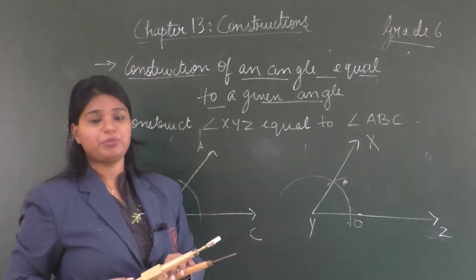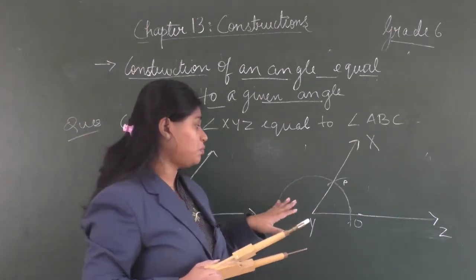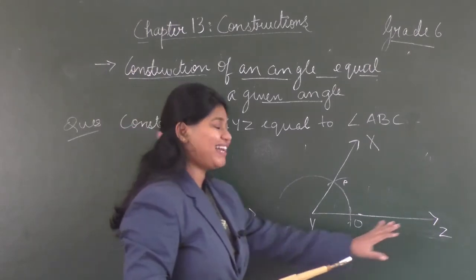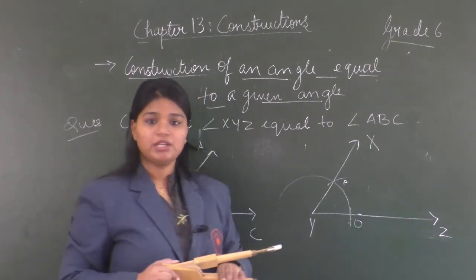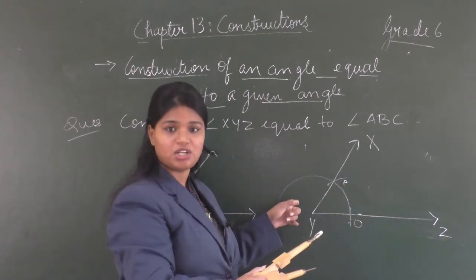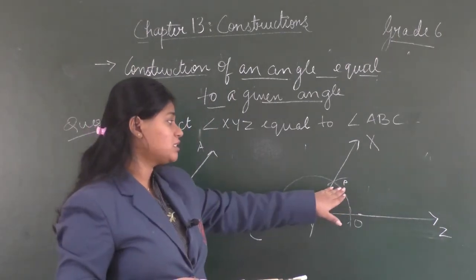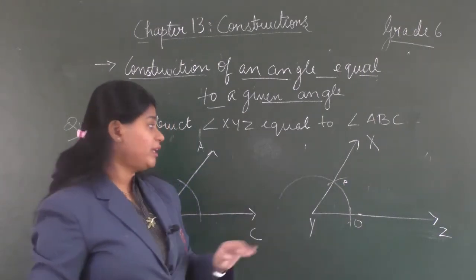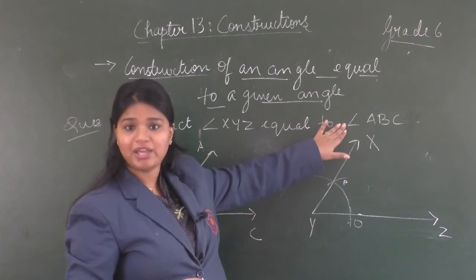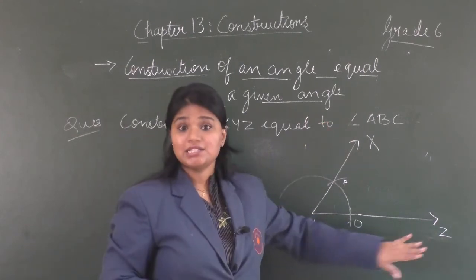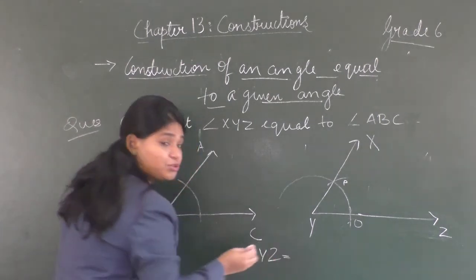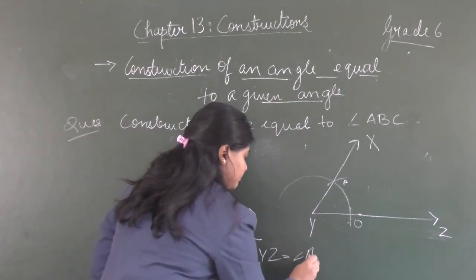Now with the same measurement, you will place the compass needle on point Y and draw another arc cutting the ray YZ at point O. Now again place the needle on point O and cut the previously drawn arc and name that part as P. Now you can join P and Y using the ruler. So I have extended this arm and named it as XYZ. So we have constructed angle XYZ equal to angle ABC.